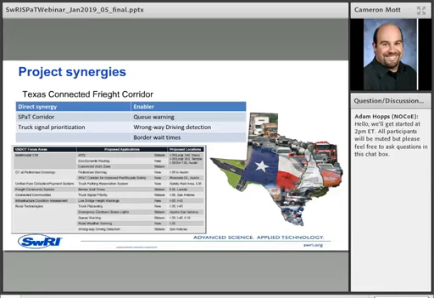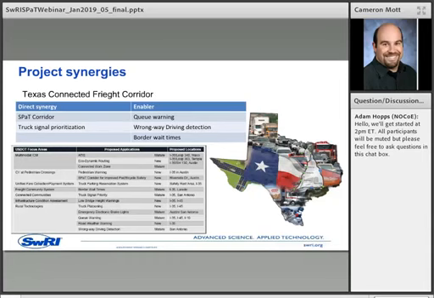There are some direct efforts, including the SPaT corridor and truck signal prioritization, that can benefit from the efforts regarding the SPaT and MAP deployments that we've been doing, as well as some of the enabling applications such as Q-warn, wrong way driving detection, and border wait times that can leverage some of the data that we would be getting from the field from things like BSMs or travel time predictions.